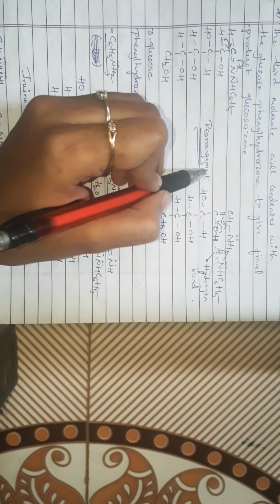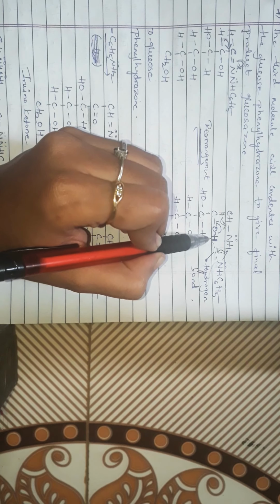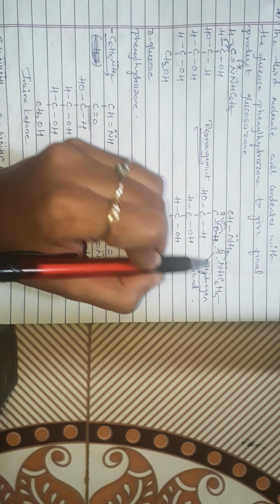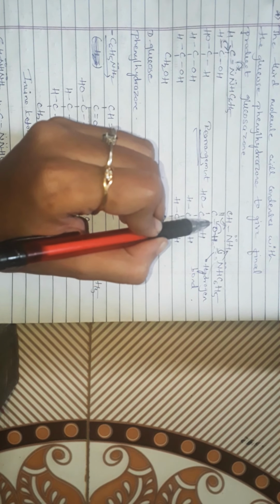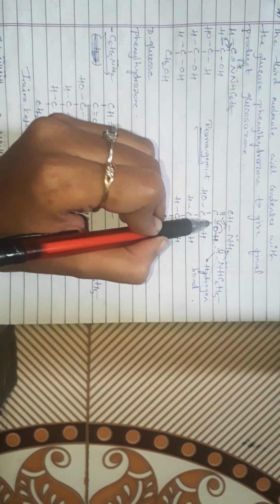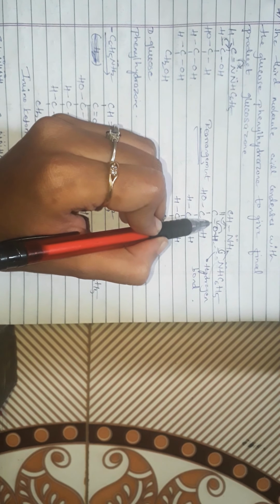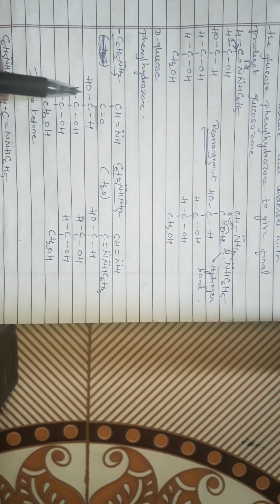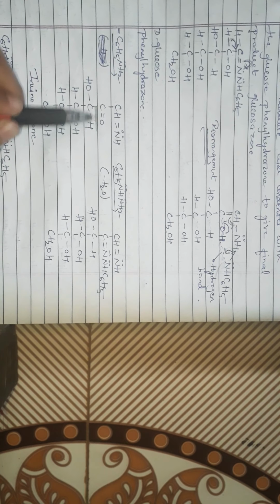This rearrangement takes place before the addition of the second molecule. When this rearrangement is taking place, ketone formation takes place here. Here it was a hydroxyl group, and it gets converted into a ketonic group.